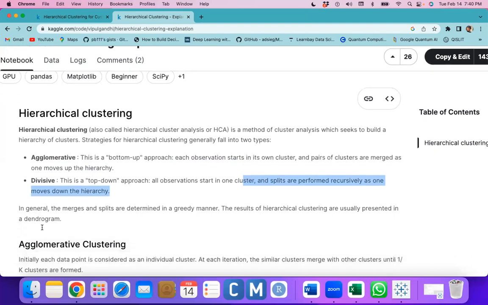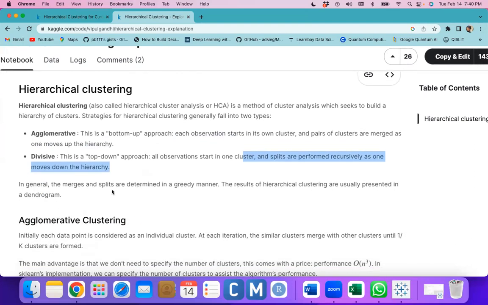In general, the merges and splits are determined in a greedy manner. The results of hierarchical clustering are usually represented by a dendrogram. This is the term you need to remember: we present hierarchical clustering with the help of the dendrogram.